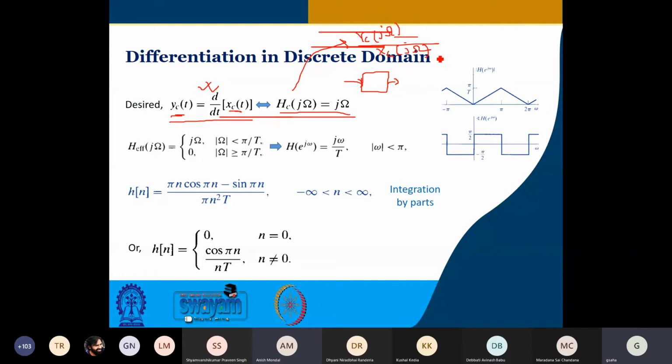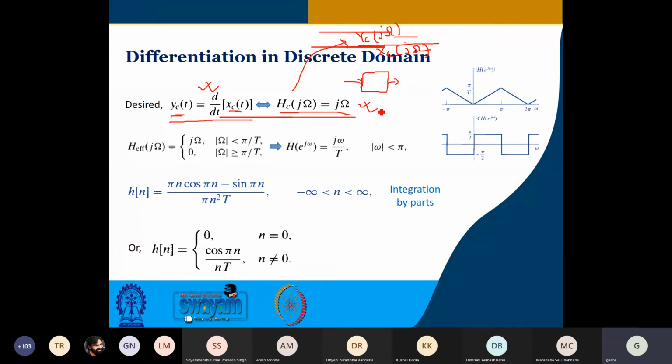And then that e to the power j omega t is bringing the j omega over here. When we differentiate the e to the power j omega t formula, we get constant terms. So that step is not shown here. It is assumed that you either know or you can quickly work it out. So this is your desired.